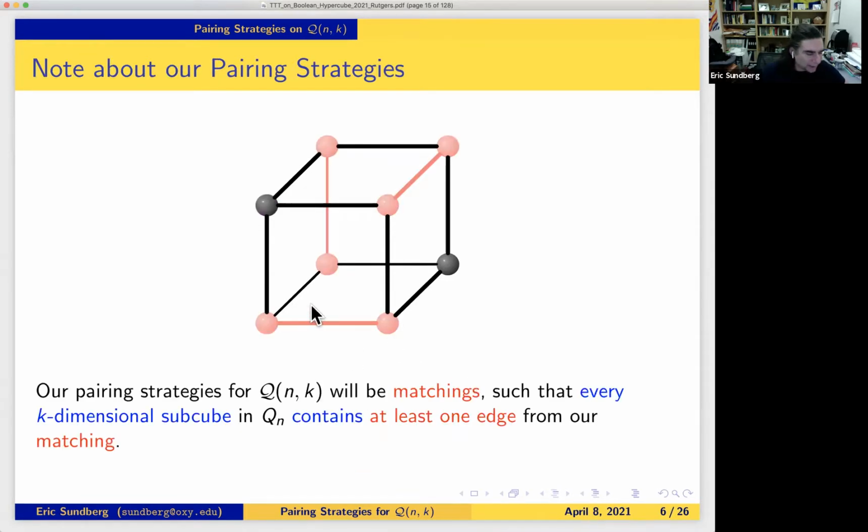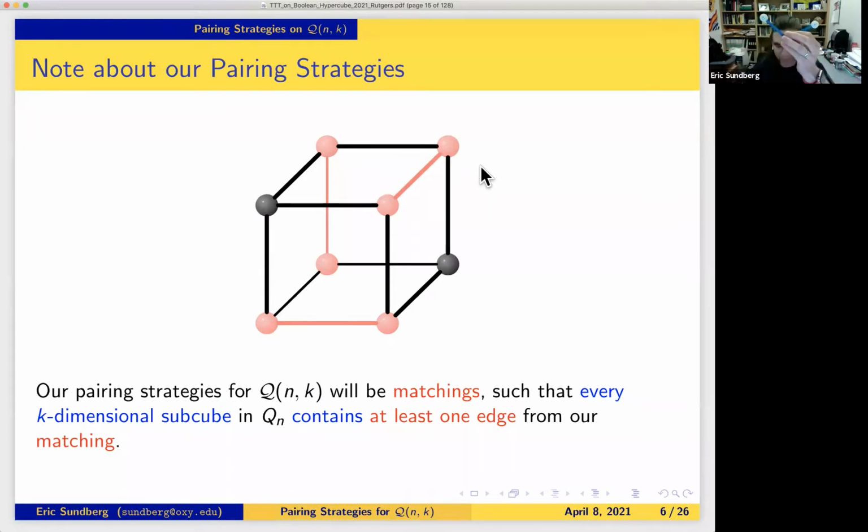Summarizing this together, in general, our pairing strategies for the Q_n,k game will always correspond to matchings, because the second player will always pair together 2 endpoints of an edge. And then they have to be matchings because suppose these 2 vertices are paired together and these 2 vertices are paired together.